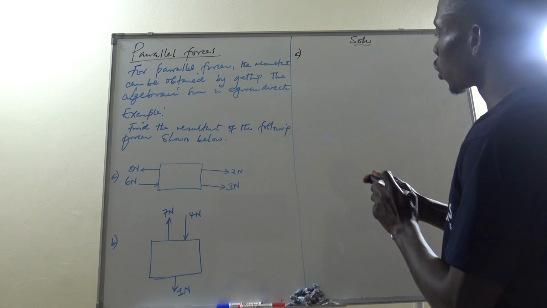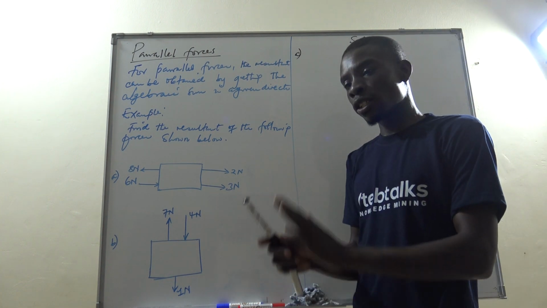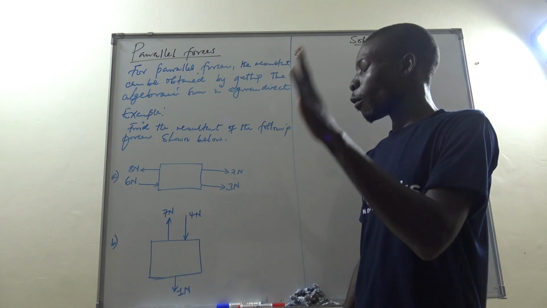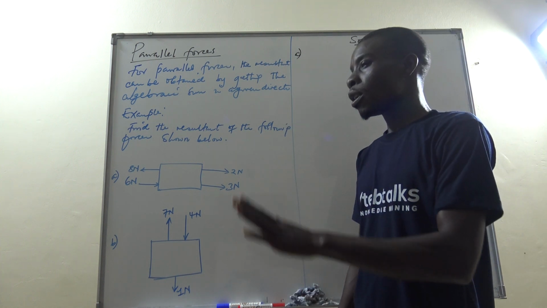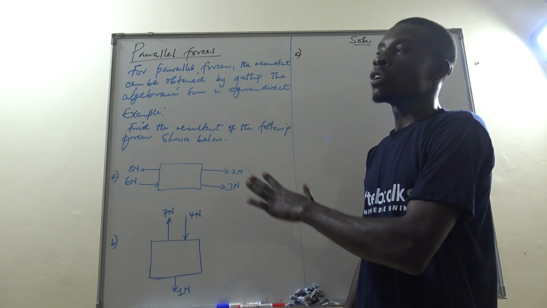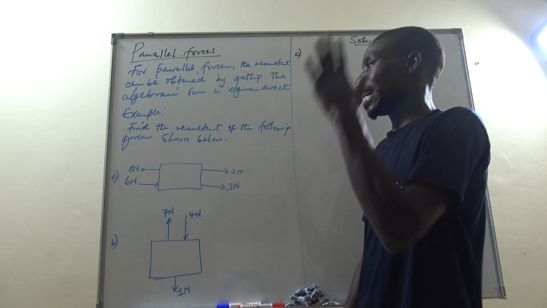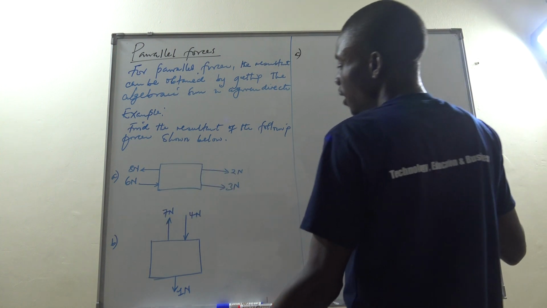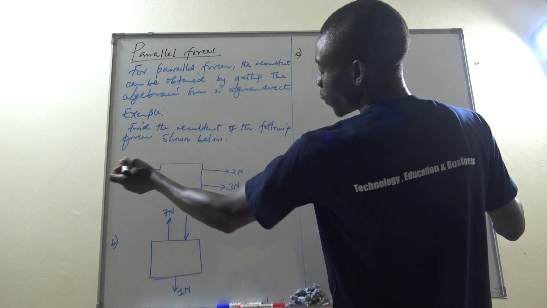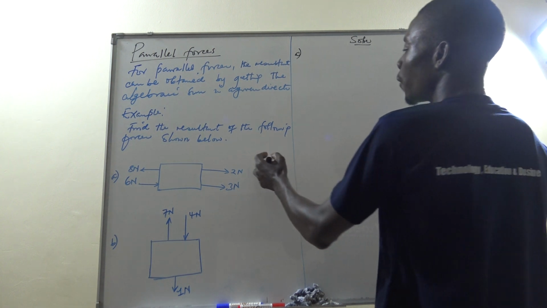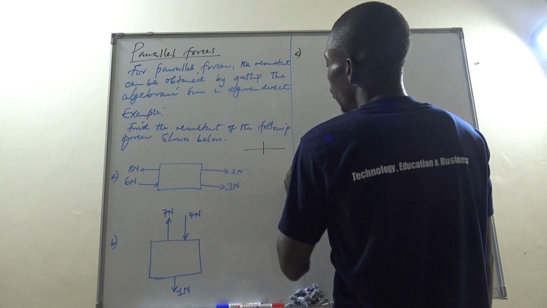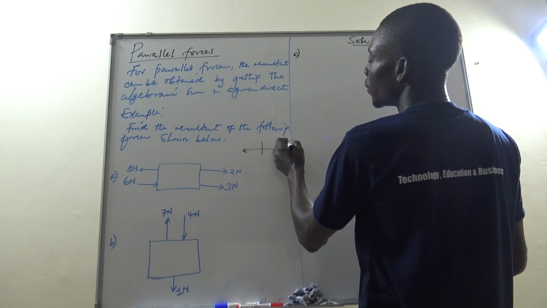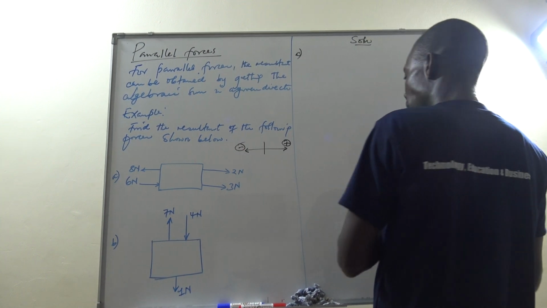Please, there is a note we looked at here: when we are solving forces, before doing any other thing, you should get the convention of the direction. Which direction will I take as positive? Which direction will I take as negative? If I'm dealing with this, I can see that all the forces are horizontal. And if we have horizontal directions, we have two things, a positive and a negative direction.